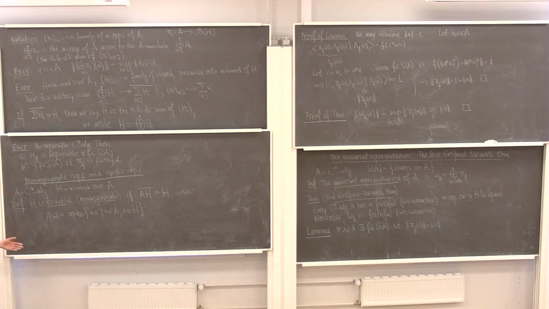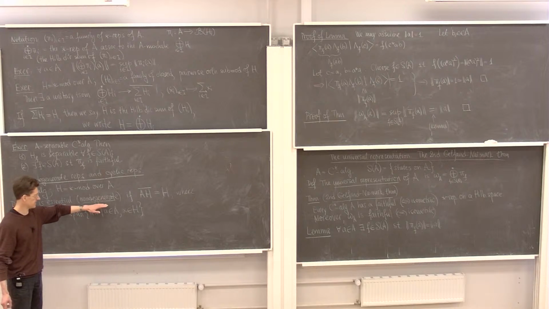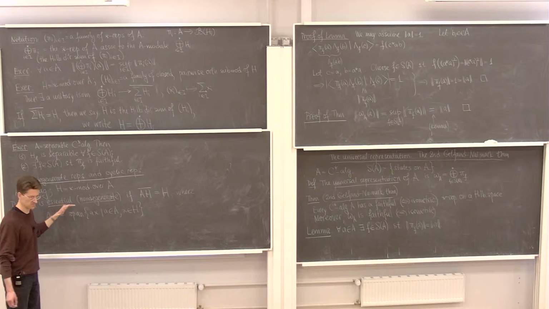The only difference is that when we work with modules, we usually call them essential, and for representations, the more common term is non-degenerate. But in principle, they are synonyms.